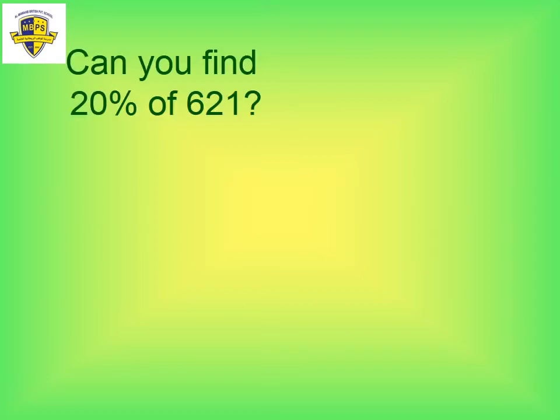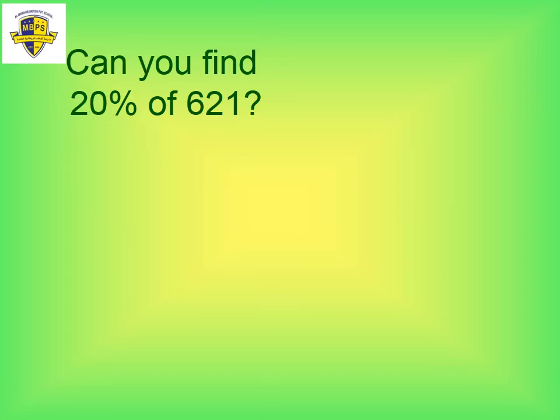One more example. We want to find 20% of 621. 20%. Who can tell me, how many tens do we have in 20? Good, 2 tens. So to find 20%, what will we find first? Excellent.